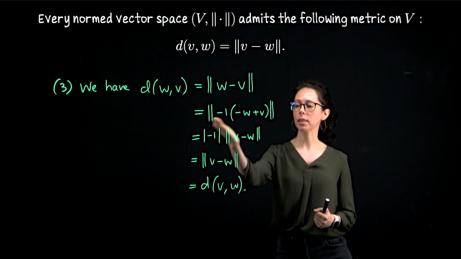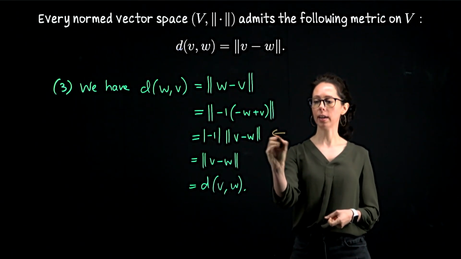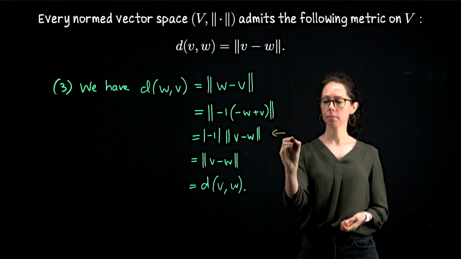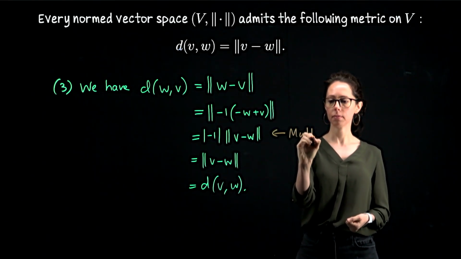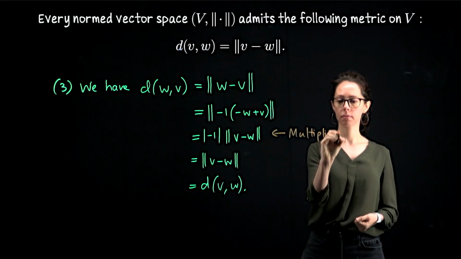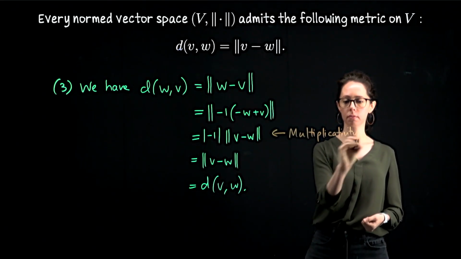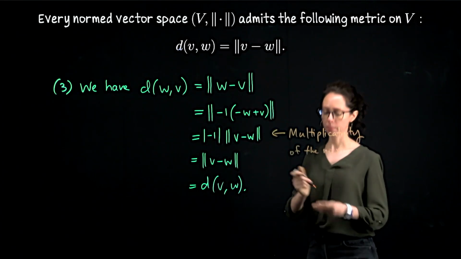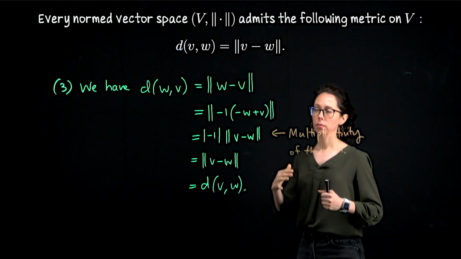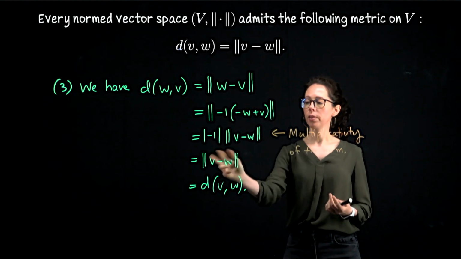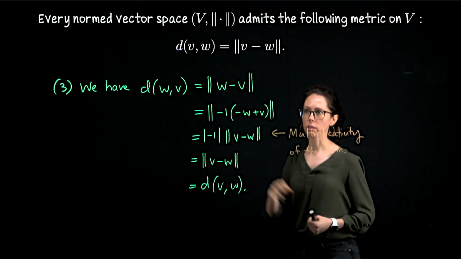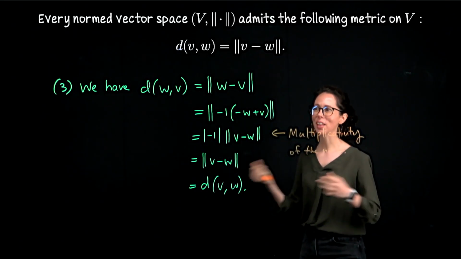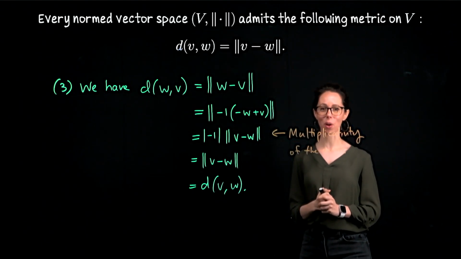So my ability to bring this -1 in front, right here, is following from the multiplicativity of the norm. Essentially, what we've done is prove that you can do what feels like you should be able to do, so you can swap the order in here. We proved that that construction works. Let's resume this in a moment with the triangle inequality.